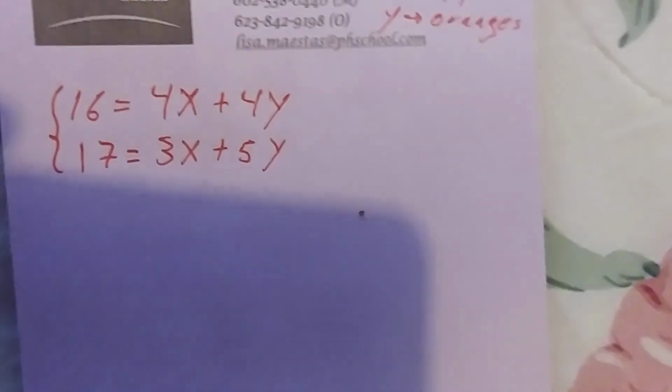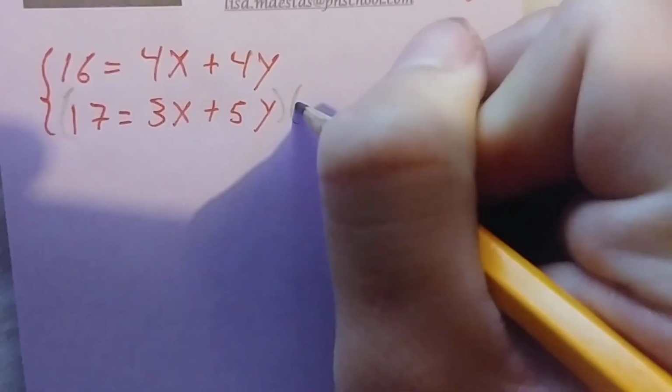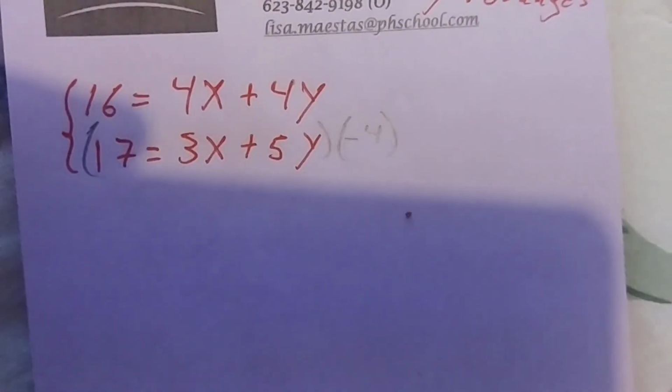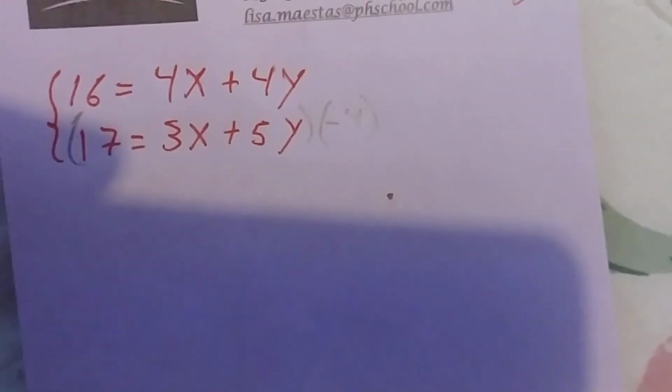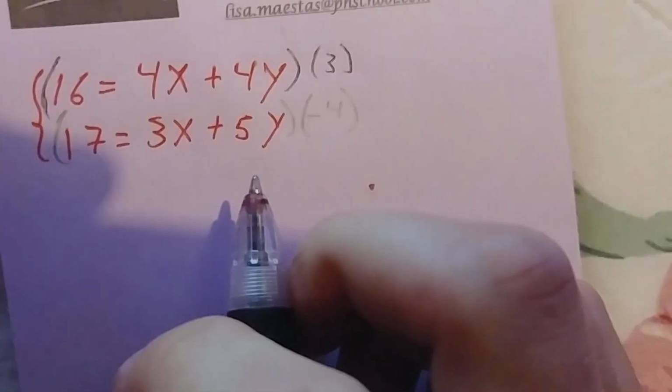So I'm going to multiply my equation on the bottom by -4. And the top equation, I'm going to multiply by +3.